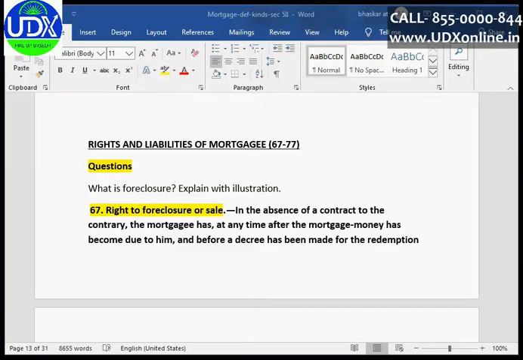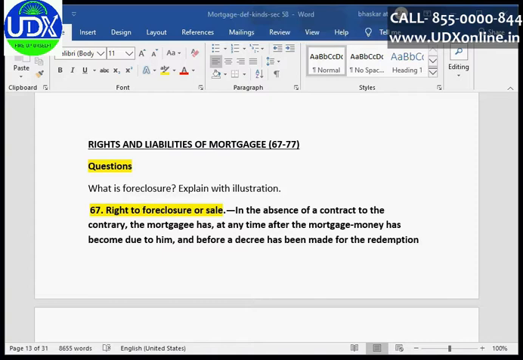The rights and liabilities of the mortgager, from section 60 to 66. Rights and liabilities of mortgagee, section 67 to 77.